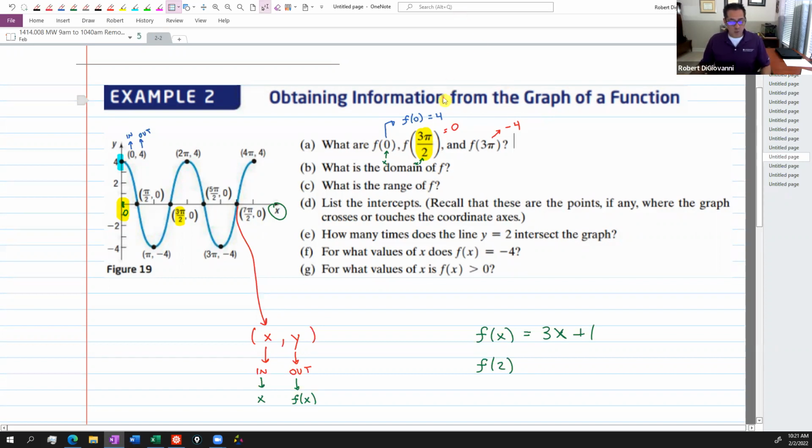Now, the next question is, what is the domain of the function? What's the domain? And here's the way I think about domain. When I have a graph, I'm looking at that graph in yellow. I'm trying to figure out what X values correspond to the graph.